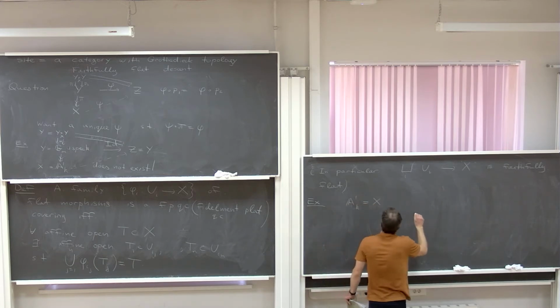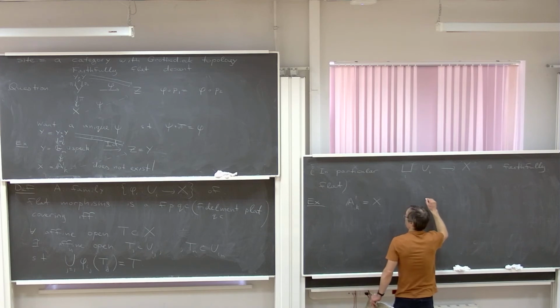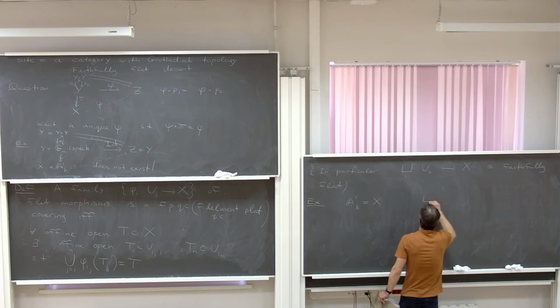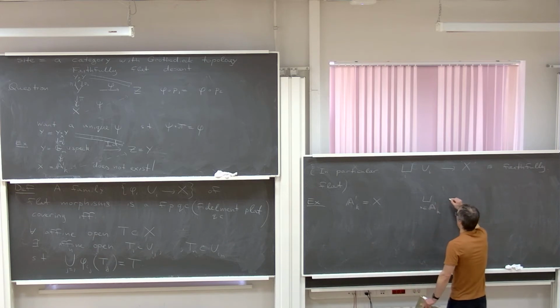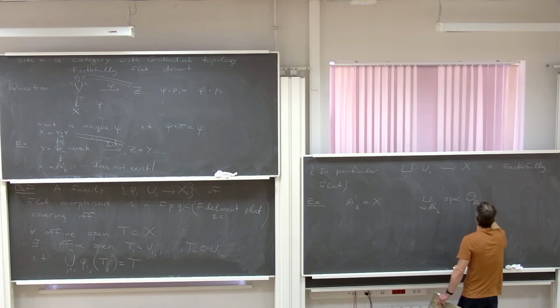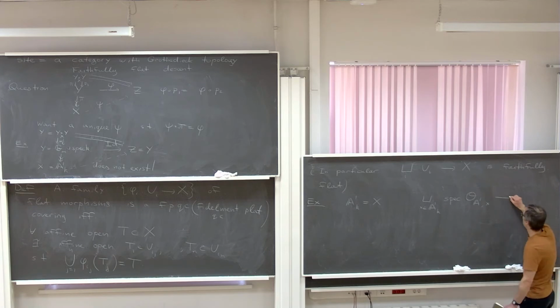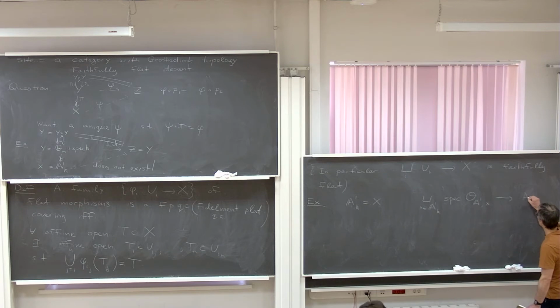Let's consider the following morphism from the disjoint union over all points, including the generic point of A1, of spectra of local rings at these points. This maps naturally to A1.